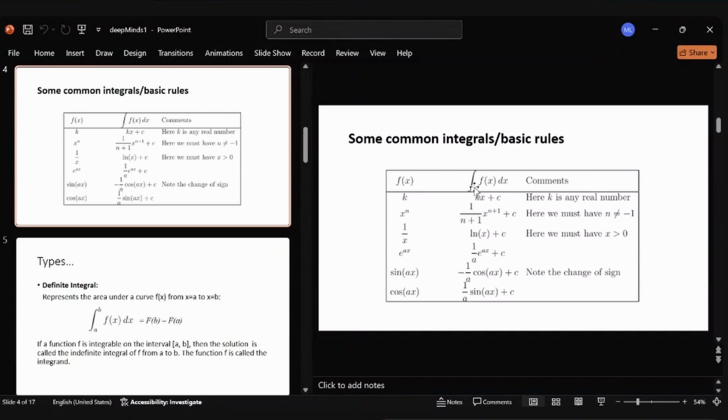It was x to power 0, and when we integrate, it becomes x to power 1. Then for x to power n, we're going to look at the different techniques of integration, where we shall see how to come up with some of these expressions.